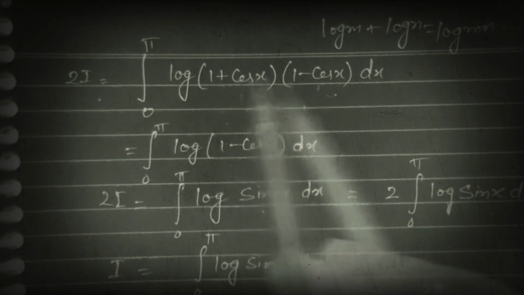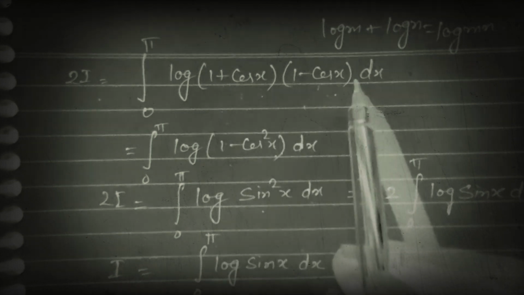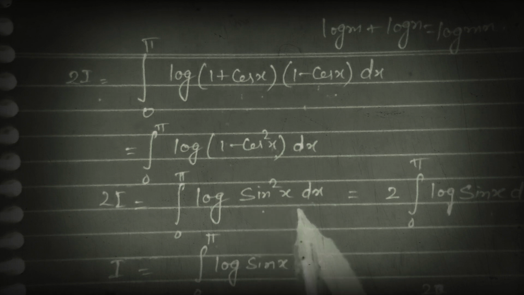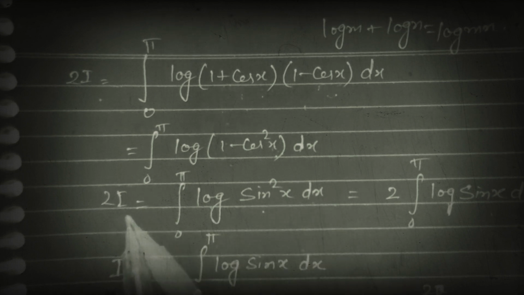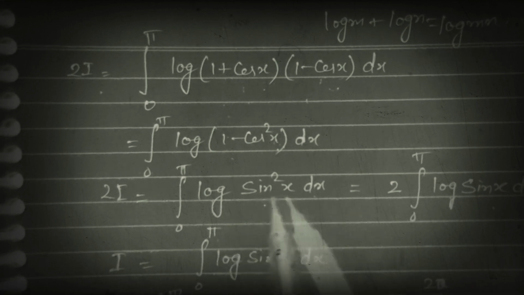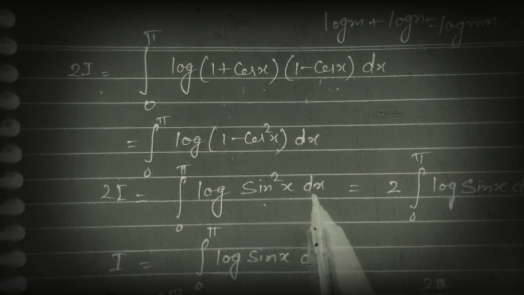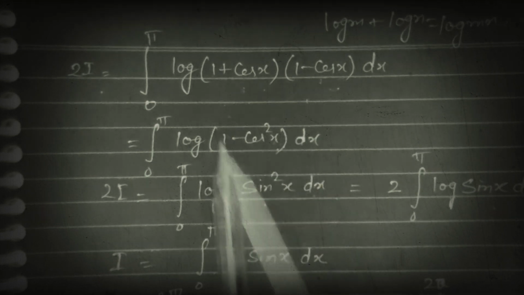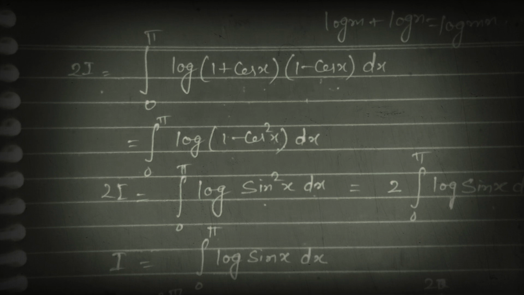1 plus cos into 1 minus cos, a plus b into a minus b, a square minus b square, and 1 minus cos square x is sin square x. So it is log of sin square x dx. 2I is equal to log of sin square x dx. This is log of 1 minus cos square x, को हम लिख सकते हैं log of sin square x.